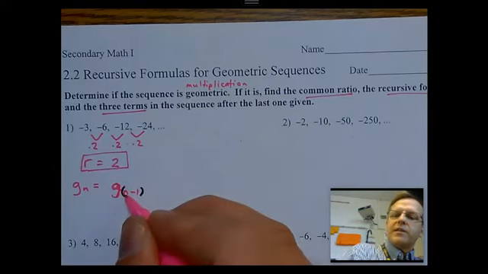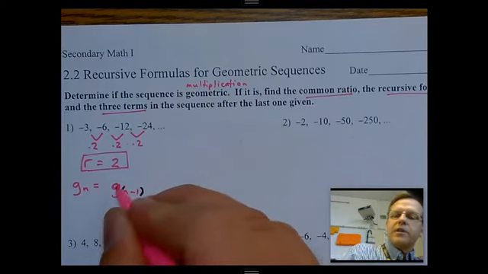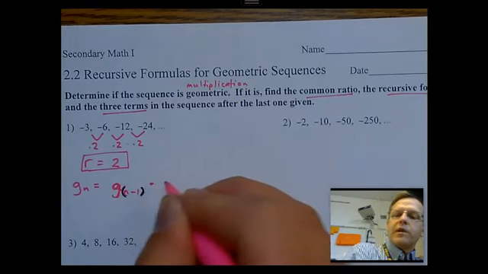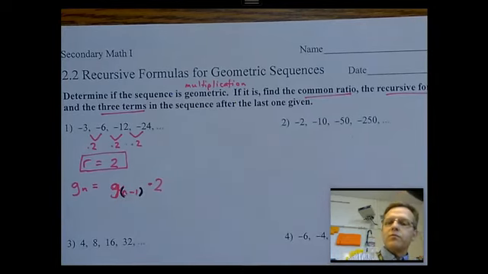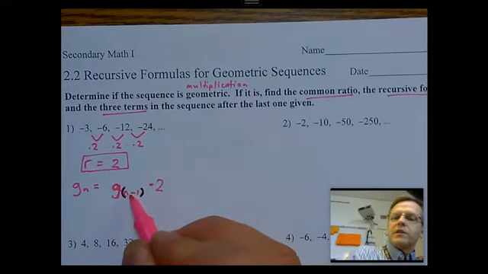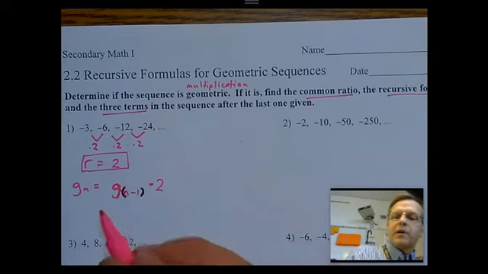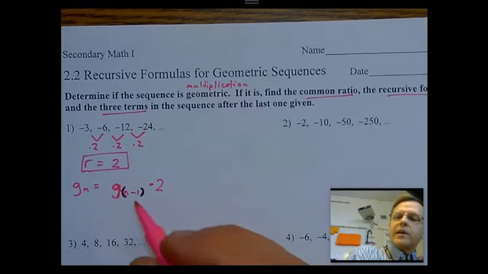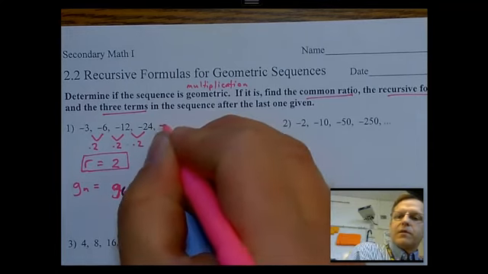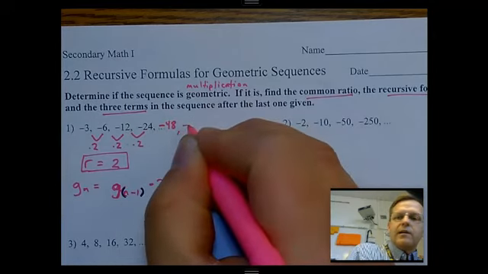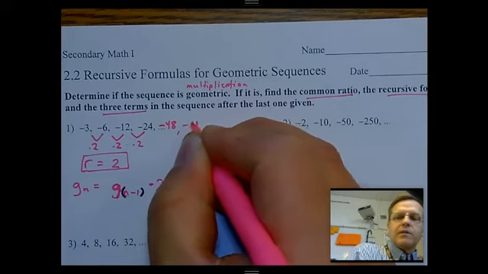So this says take the previous term, G sub n minus 1, and do what with it? Multiply by 2. That's it. Take the previous term, whatever is one to the left, and multiply by 2. So that's your recursive formula. And the next three terms, we can write them up here. So -48 and 96, I think it is.